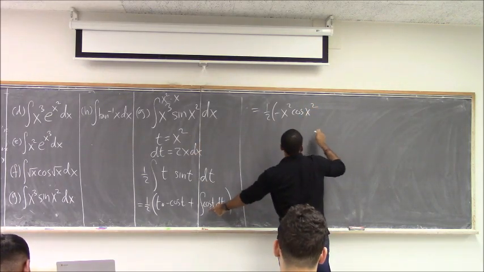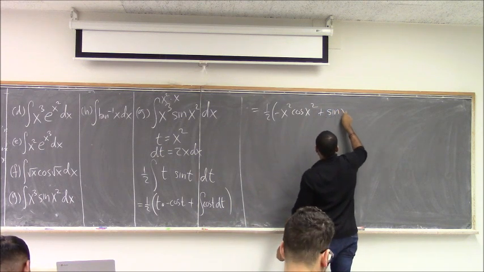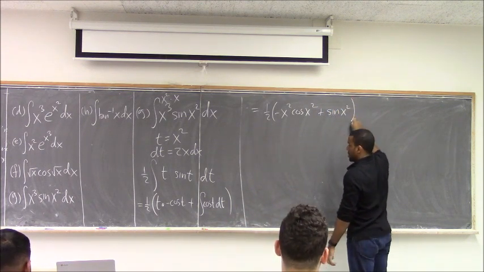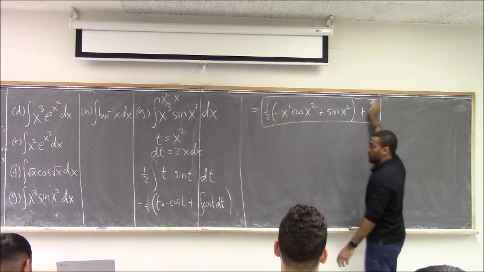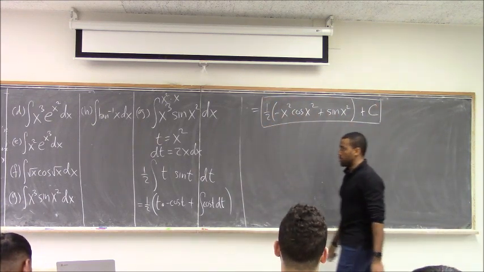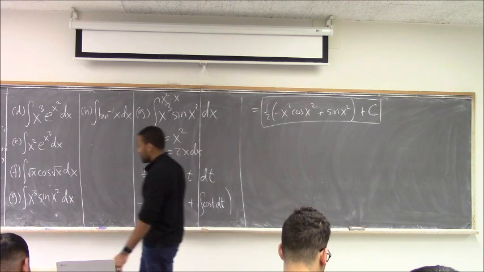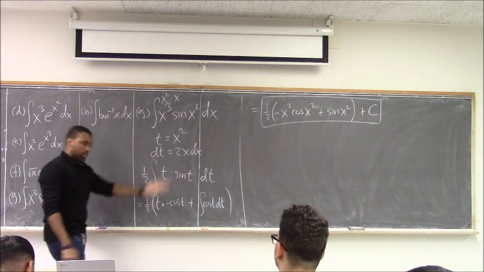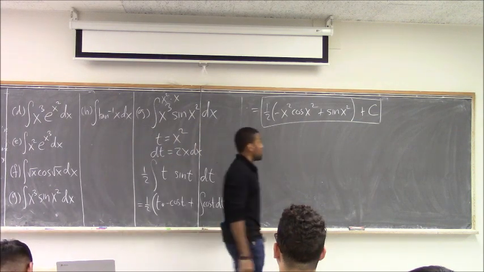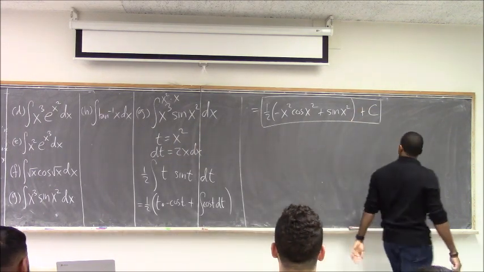And the integral of cosine is positive sine. I think on the quiz I made this a definite integral, but if you had gone through this, you would have known most of the problem already. You just plug in the limits at this point.